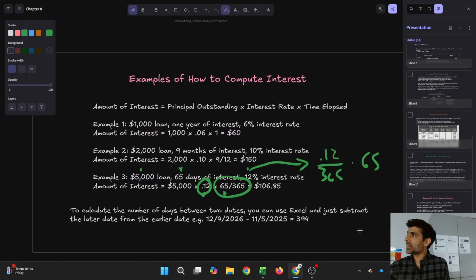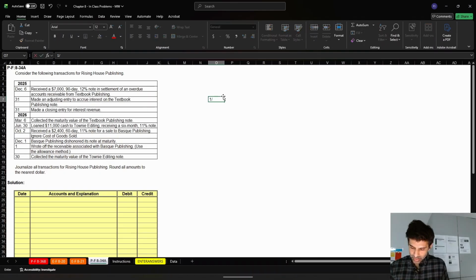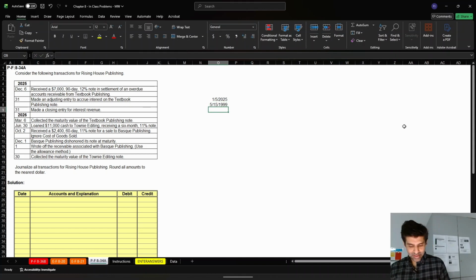There's an easy way to calculate the number of days between two dates in Excel. All you have to do is subtract them from each other. For example, if we had 1/5/2025 and let's say 5/15/1999, two random days, I could just do one minus the other, and it tells me exactly how many days are between those two.